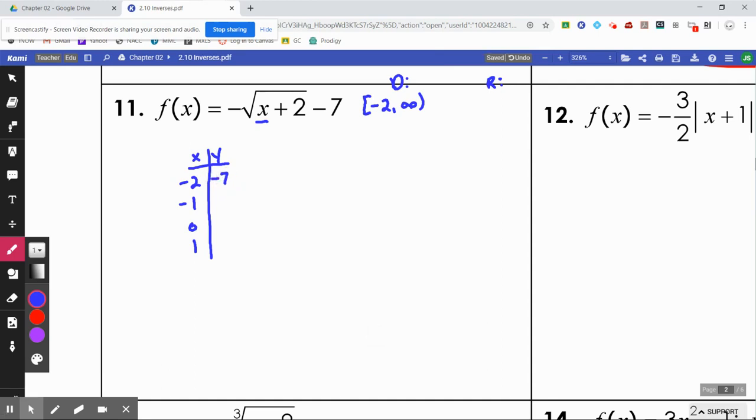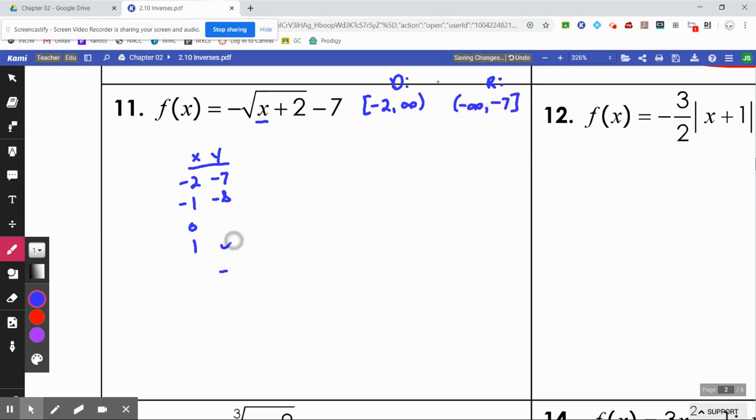When you plug in negative 1, you're going to get square root of 1, which is 1, negative 1 minus 7, which is negative 8. And then plugging in 0, you would get something even smaller, smaller, smaller. So you notice that your y values there increasingly get smaller and smaller. So my y values would range from negative infinity up to negative 7.